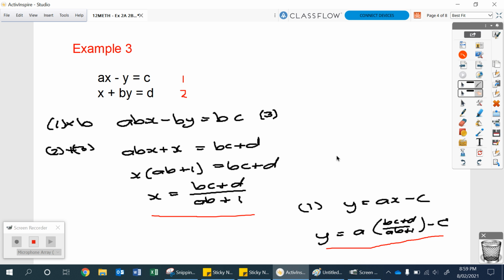So equation 1, if I put the y over that side and get the y on its own, I have to put the c over that side, so we get y equals ax minus c. I'll just transpose that for y. So the y is on its own, plus it over that side, which means we have to subtract the c, y equals ax minus c, and then I just substitute in this x value we just found.